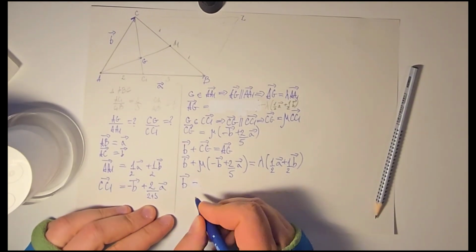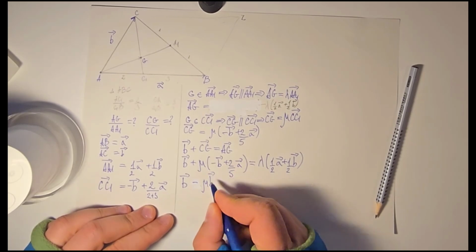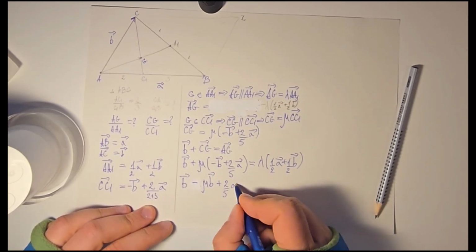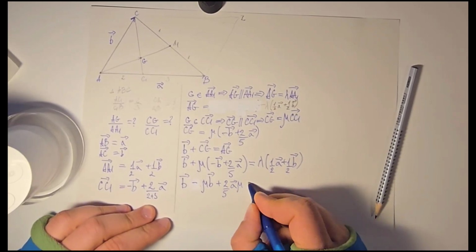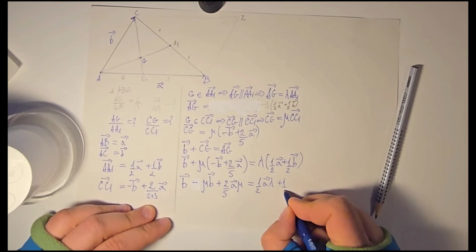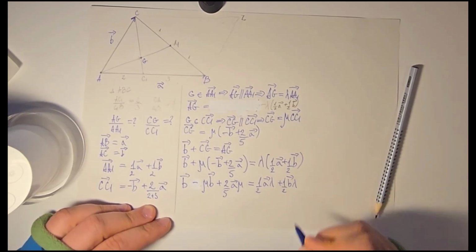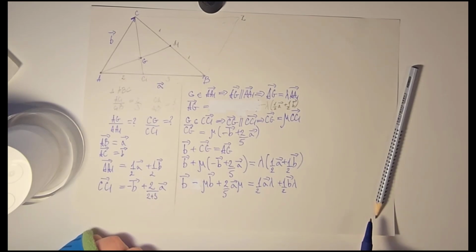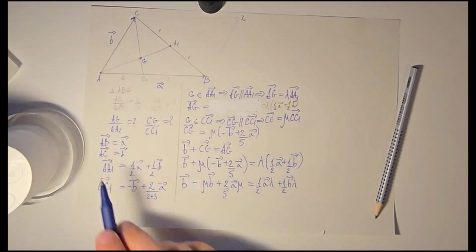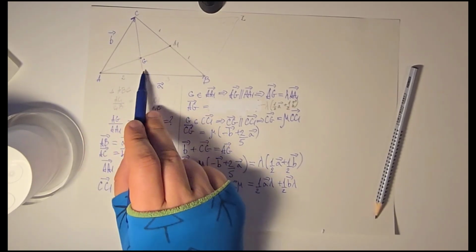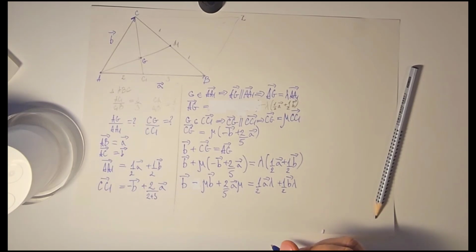So B minus mu B plus 2/5 A mu equals 1/2 A lambda plus 1/2 B lambda, and everything like this together should be, in theory, equal to 0, like from here to here to here to here, like going all the ways, like this, this and this, it would return us on the basic vector.